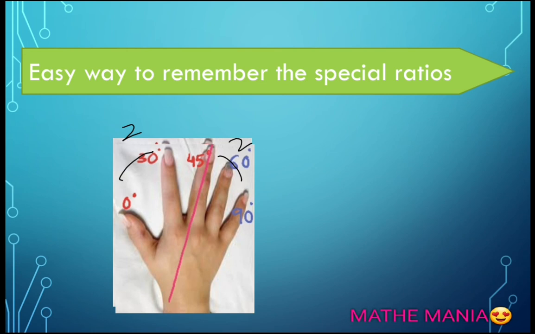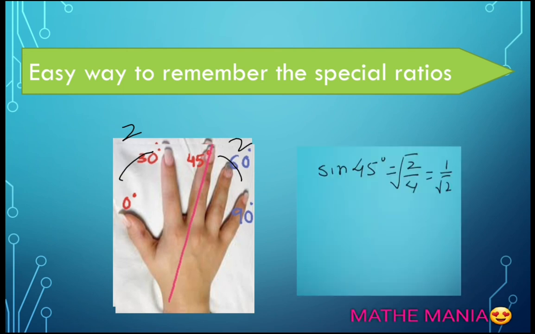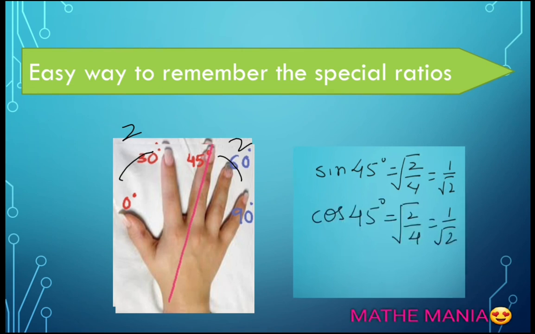Like when you have to find sine 45 degree, there are 2 fingers on the left side. 2 upon 4, we'll take its square root and the answer is 1 by root 2. So this is how we get sine 45 degree. There are 2 fingers on the right side also. So cos 45 will be 2 upon 4 under the root. It is equal to 1 by root 2.